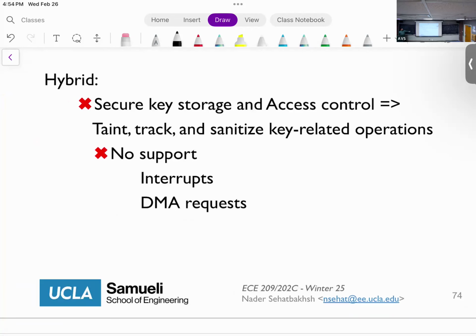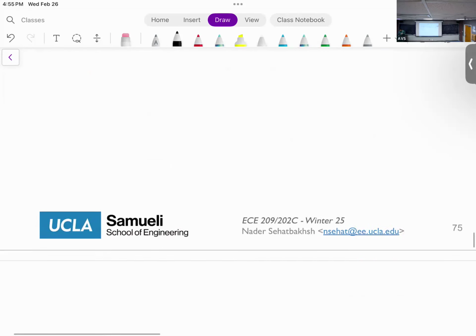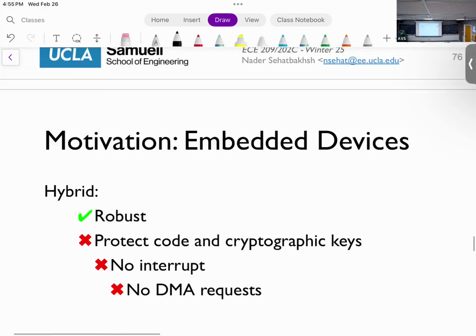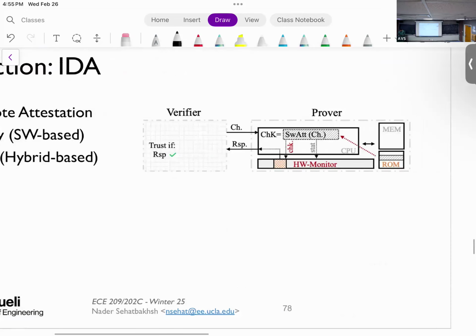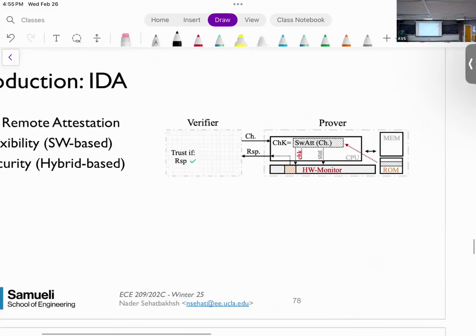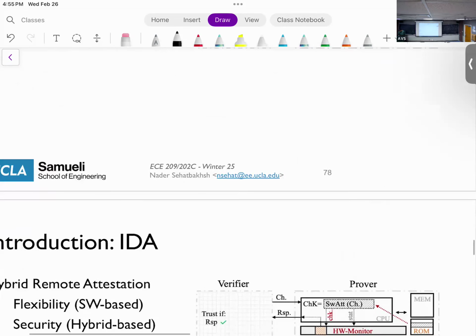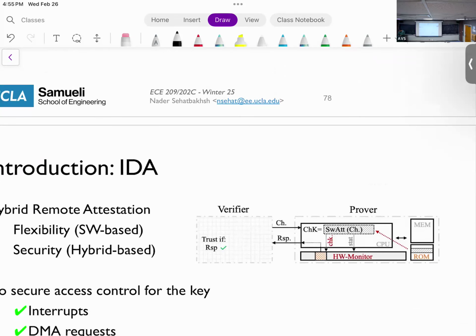With attestation, I can do that, but that means my attestation needs to be reset. I don't like that. So how do we fix this issue? We introduced a model that we call interruptible dynamic attestation, IDA. The idea is that I don't need the key during the attestation.